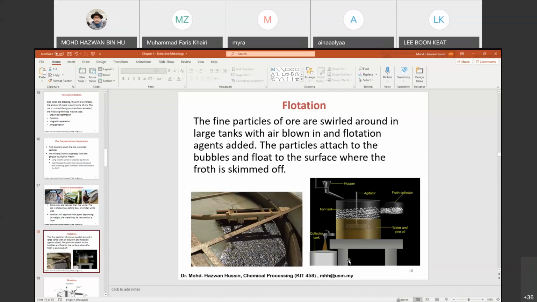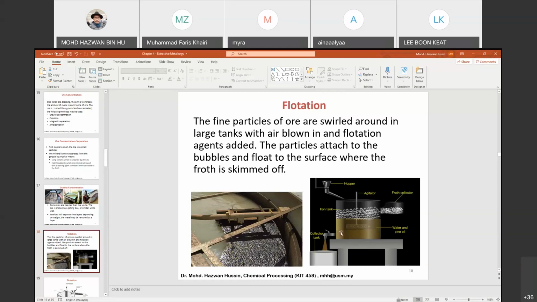So in this method, you have an agitator, and a wetting agent or flotation agent is added. At the same time, it will bubble. The wetting agent and the bubbles will complex the metal, and you will see the froth forming on top of the layer. This will later be removed.